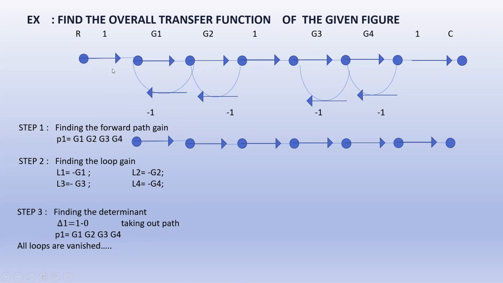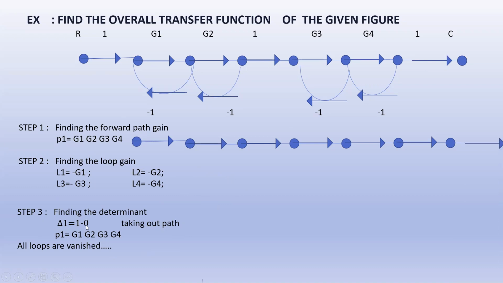In this particular example, if we take out all of the forward path nodes in the path P1, then we are left with nothing. We are left with no loops. So del 1 can be written as 1 minus 0, thereby giving us del 1 equal to 1.